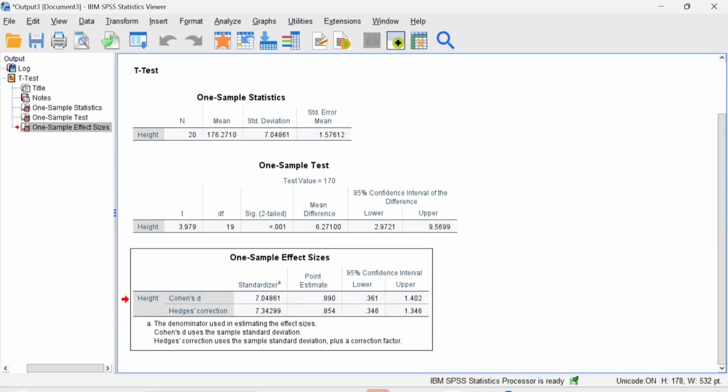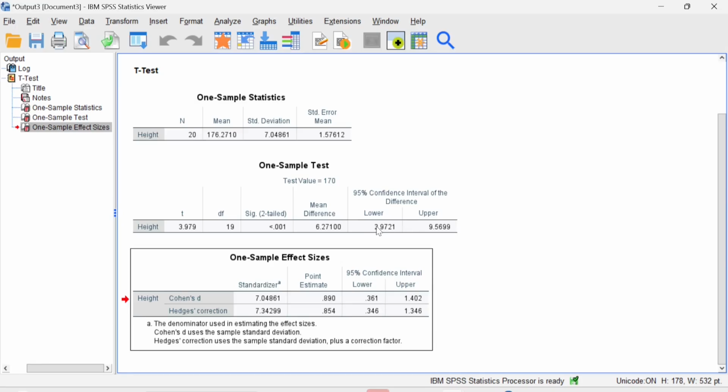Apart from these two approaches, we can still use the 95% confidence interval of the difference to take the decision as well. How we take the decision with that is that if the range from lower to upper contains 0, we do not reject the null hypothesis. But if it does not contain 0, we reject the null hypothesis.